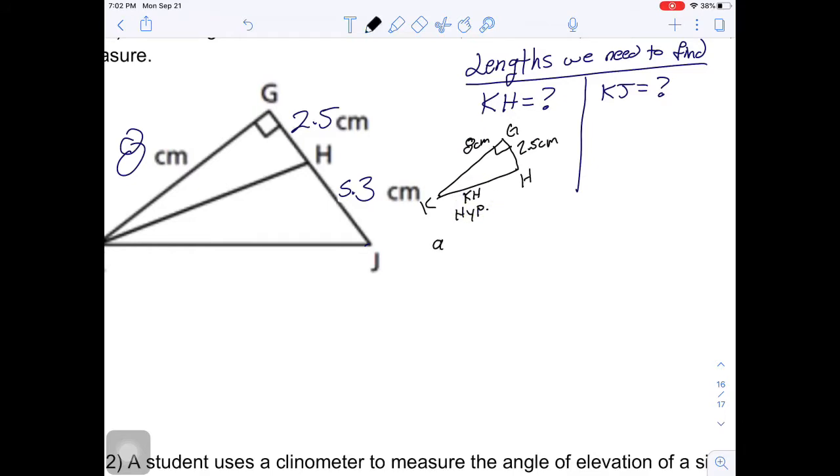That should be an alarm saying let's use Pythagoras. Now remember, in Pythagoras, it's just important that this c is the hypotenuse. So if I write this out, my hypotenuse is the thing I'm trying to find, KH squared. I can put a as either 8 or 2.5, and then the other one, whatever remains. So let's just make this 8 squared plus 2.5 squared.